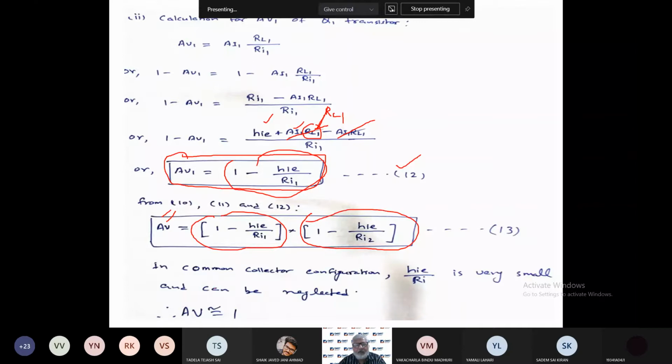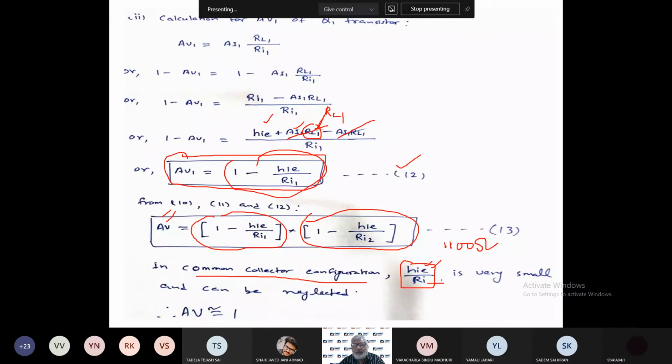Okay. Now in a common collector configuration, hie by Ri, this is the input resistance, right? What is its value? Hie value, if you recall, it is 1100 ohm, the standard value, right?